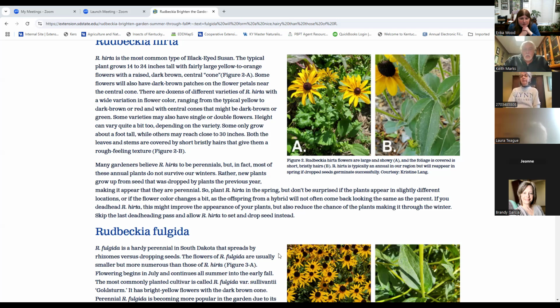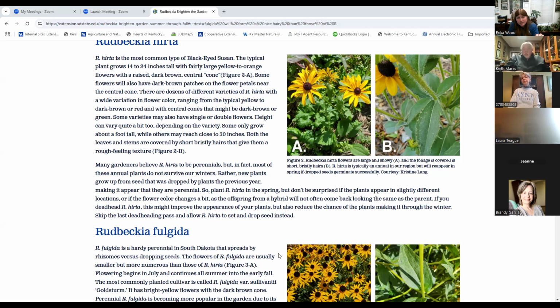I would never want to call a native plant invasive because it is native and found here. It's a good garden plant, especially in prairie-type settings, but it can overtake the garden. So you need to be mindful of it and space it out as you see fit.